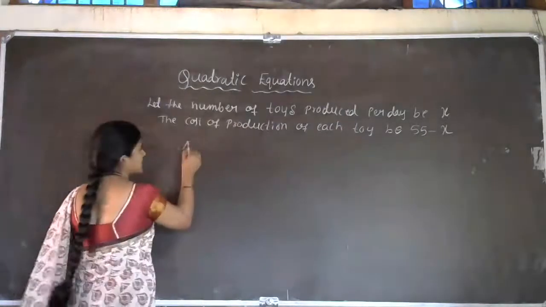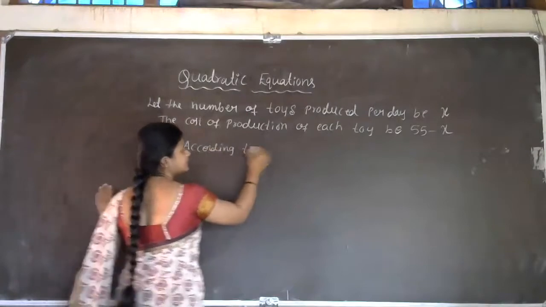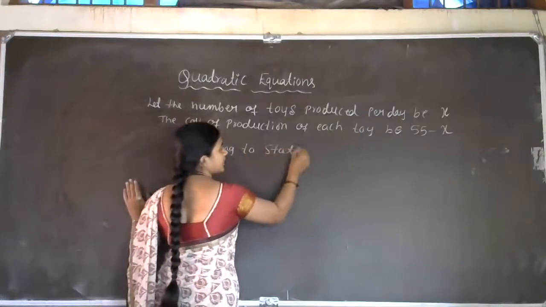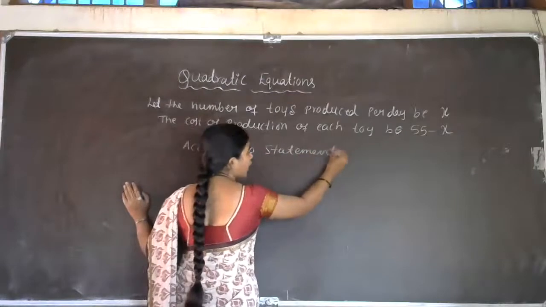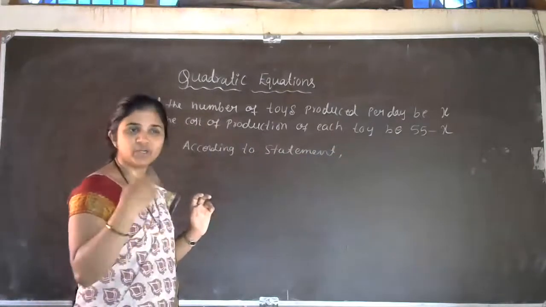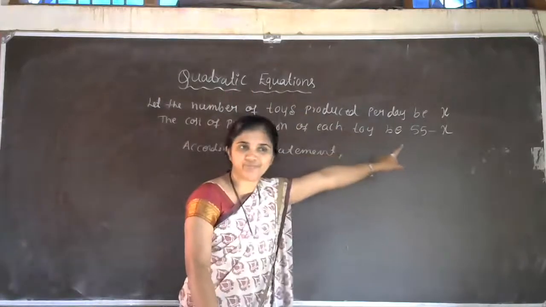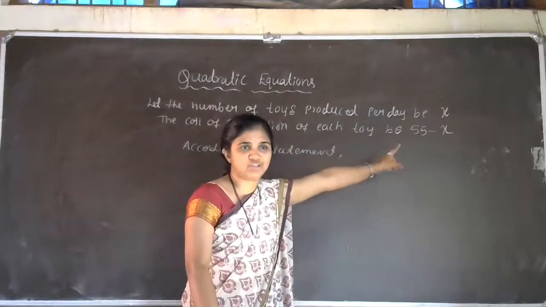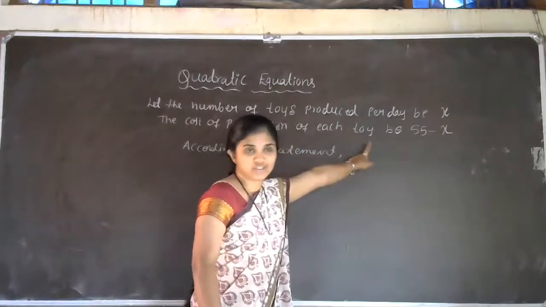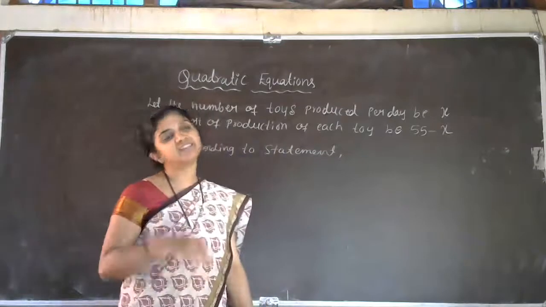According to the statement, or you can take that as according to the situation also. Total number of toys per day is equal to x. Then the cost of each toy is 55 minus x.